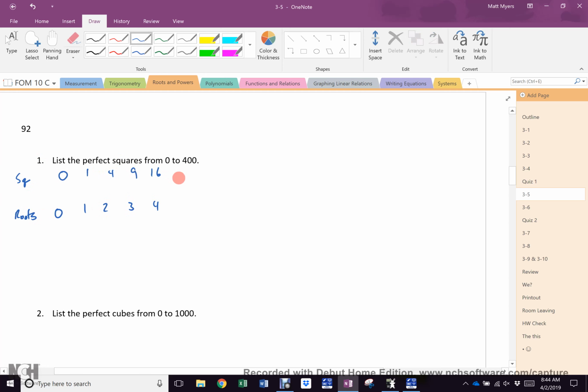It's going to be 20. Damn it, I ran out of room.